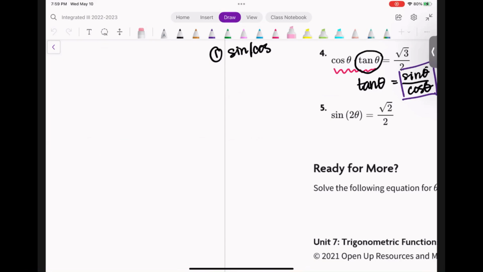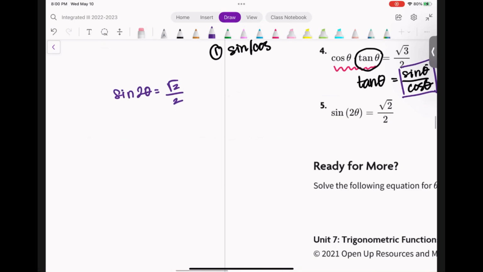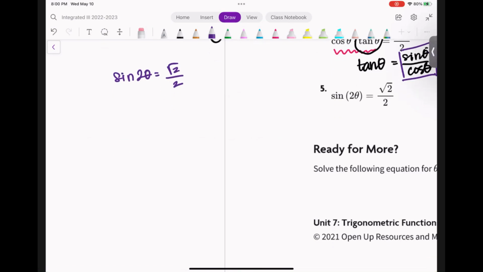All right, now that you're back, we're going to solve sine of 2 theta equals root 2 over 2, right? And some of you already see this as, oh, this is a 45, 45, 90 triangle because of that root 2. You're exactly right. So you'll see this kind of like this, and this is root 2, and this is 2.